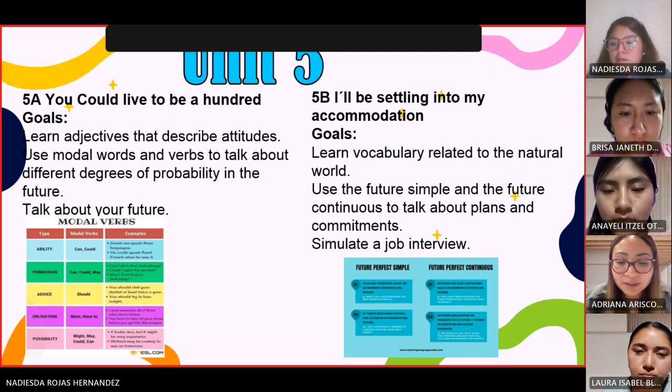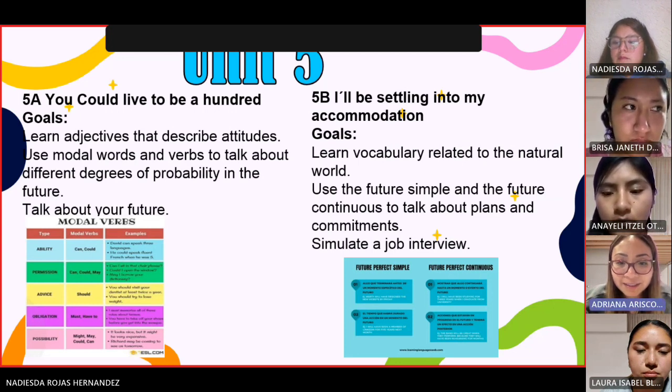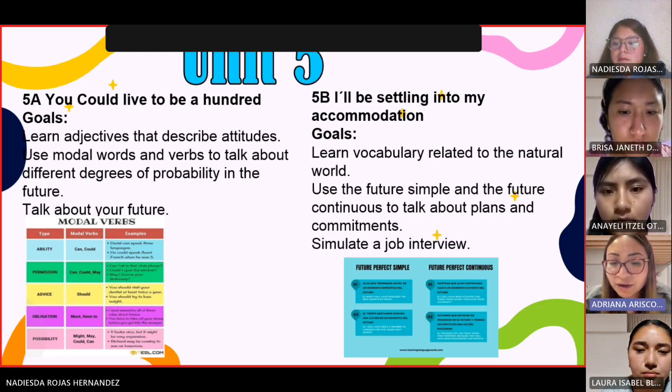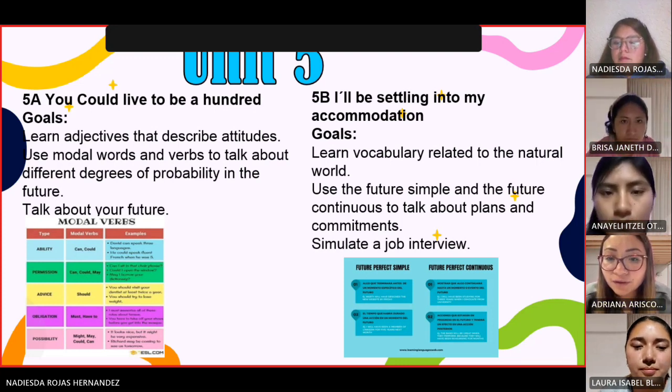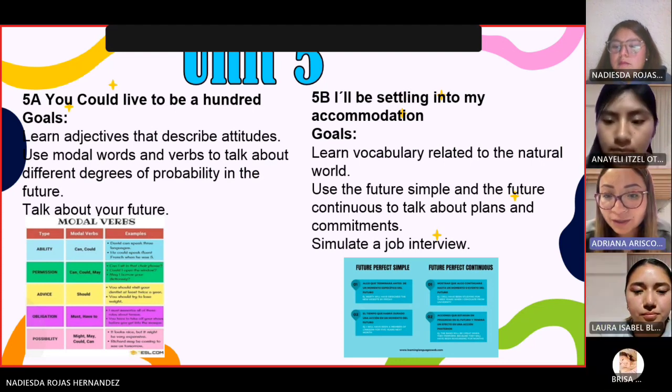Examples of modal verbs by type: ability, permission, advice, obligation, possibility. Ability: can, could. Example: David can speak three languages. He could speak fluent French when he was five.